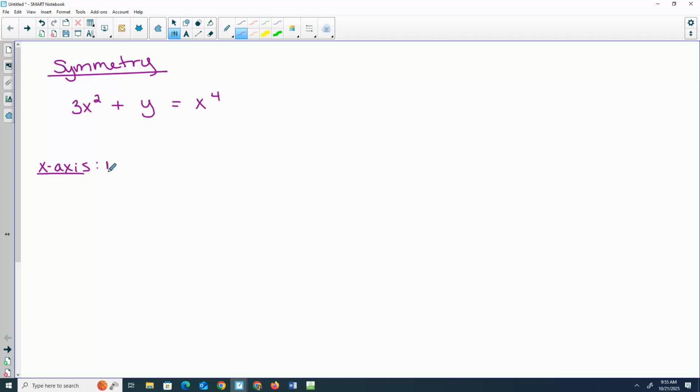Okay. We replaced our y with a negative y. Remember, if it's the same on both sides of the x-axis, whether y is positive or negative, it's identical. So if I put in a negative y for my y, is there anything I can do to turn that back into the original equation? No. So this one is not symmetric to the x. How do we check symmetry to the y-axis?